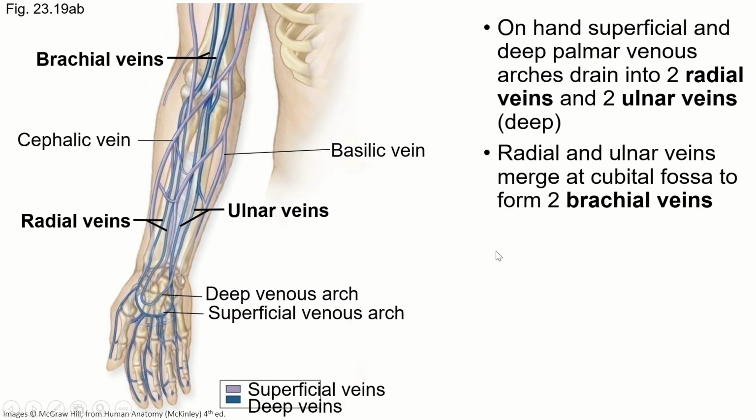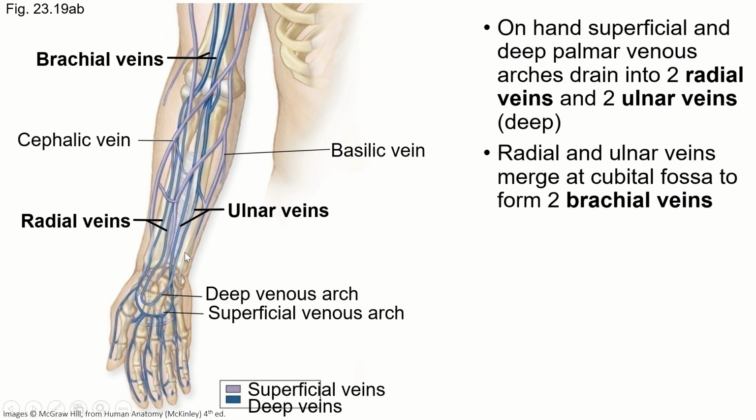Now the deep veins are going to drain from the palmar venous arches, which are deeper on the hand, and these are going to drain into 2 radial veins and 2 ulnar veins. Why so extra? Honestly, I don't know, but it's really common where we have more venous vessels than arterial vessels.